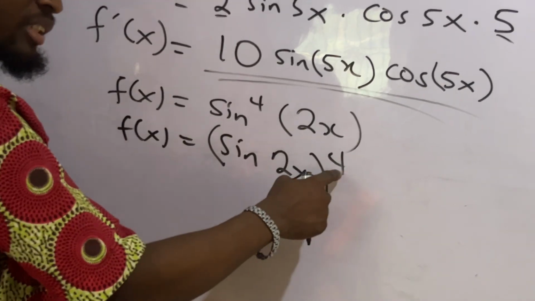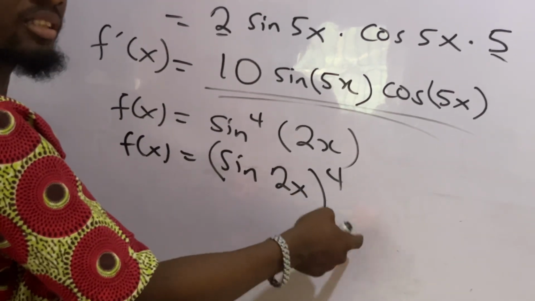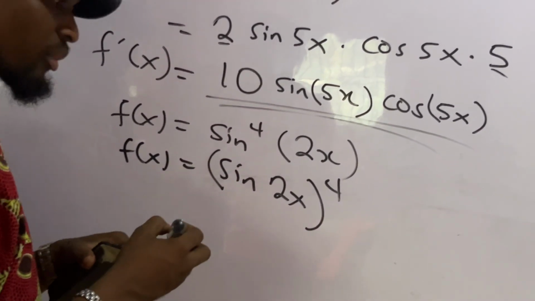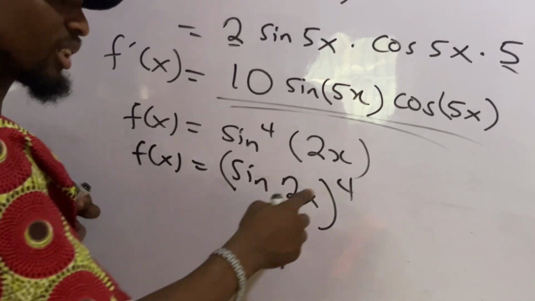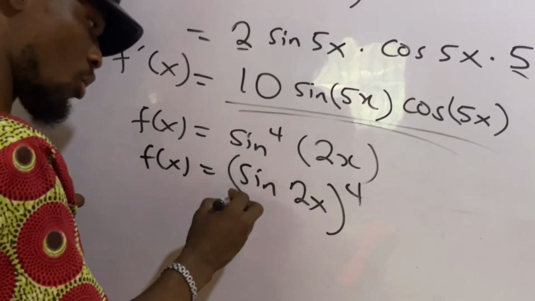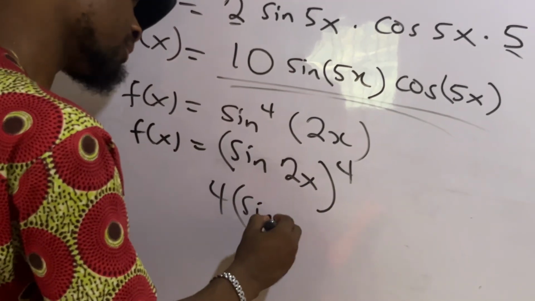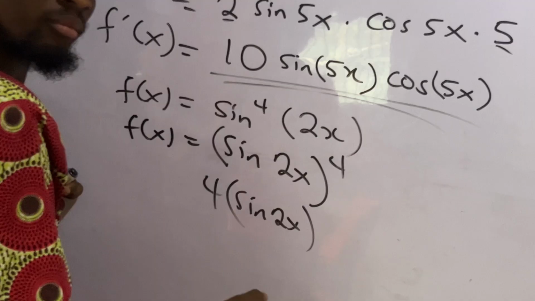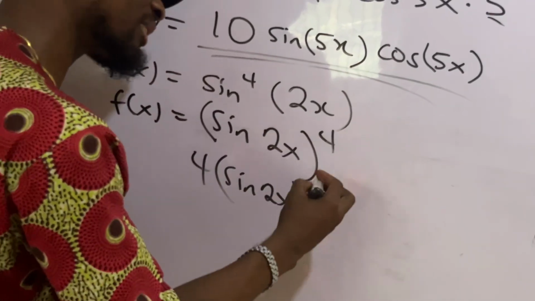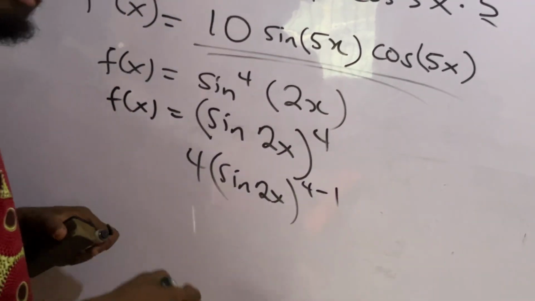So first, it is involving an exponent or power or index. Quickly employ the chain rule. Your power, which is your 4, will multiply the whole function. So I have sine 2x, then you subtract 1 from the power, which is 4 minus 1.